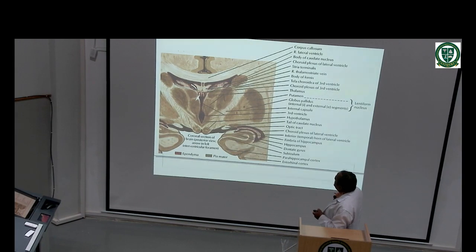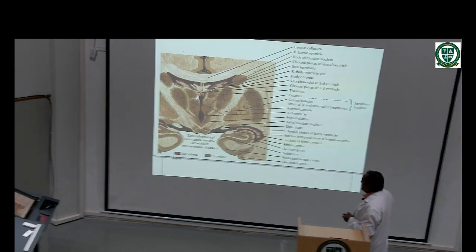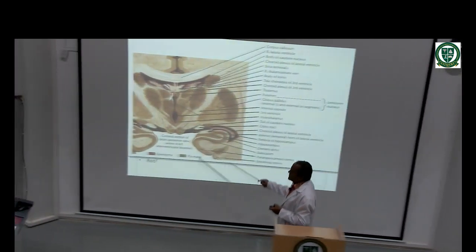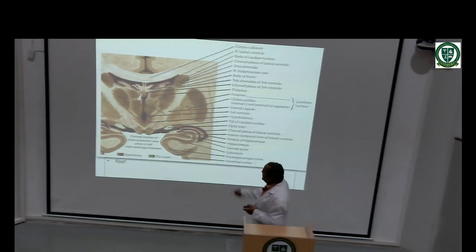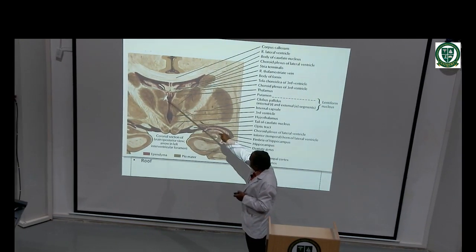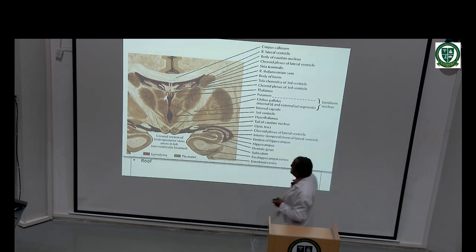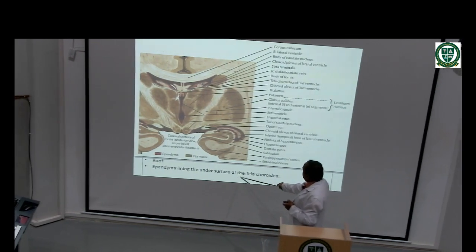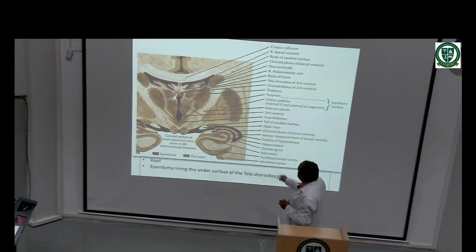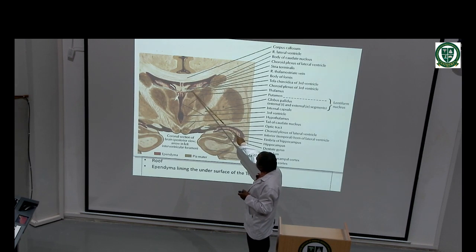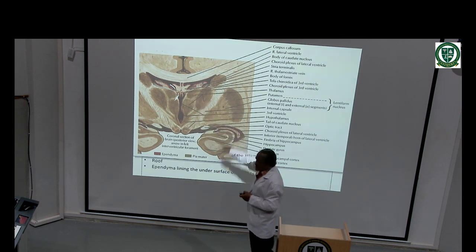So next, coming to the roof of the third ventricle. This is the third ventricle and this is the roof. This roof is formed by the ependymal lining, the undersurface of the tela choroidea. These are the two thalamus, and they are connected by ependyma.